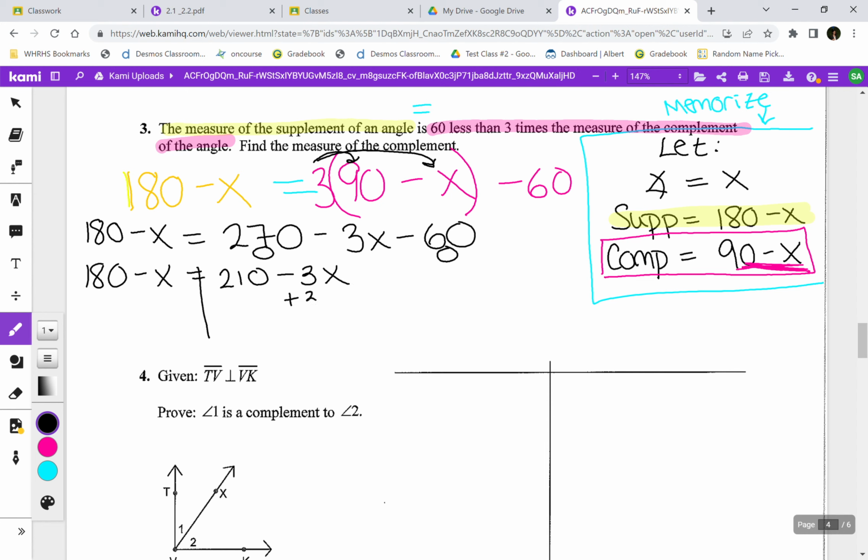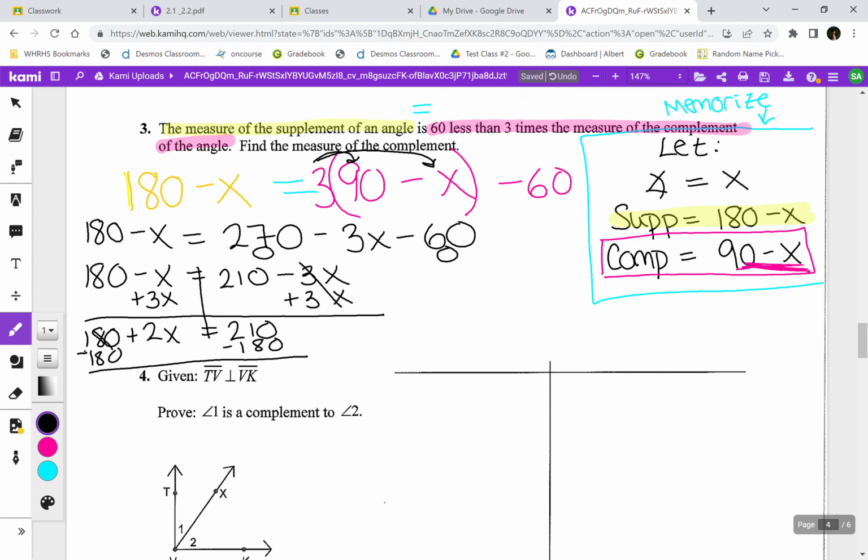I'm going to add the 3x over. So we're going to have 180 plus 2x equals 210. Subtract that 180. So we're going to have 2x is equal to 30. Thank you. So x is equal to 15. Catch up and then we're going to discuss. We're not done yet.